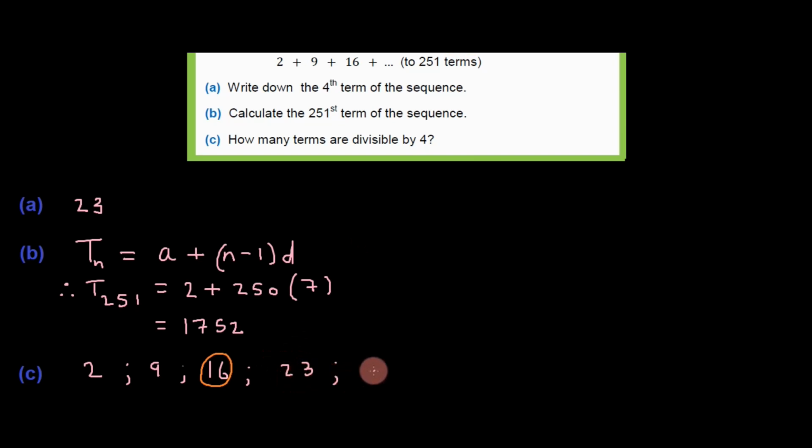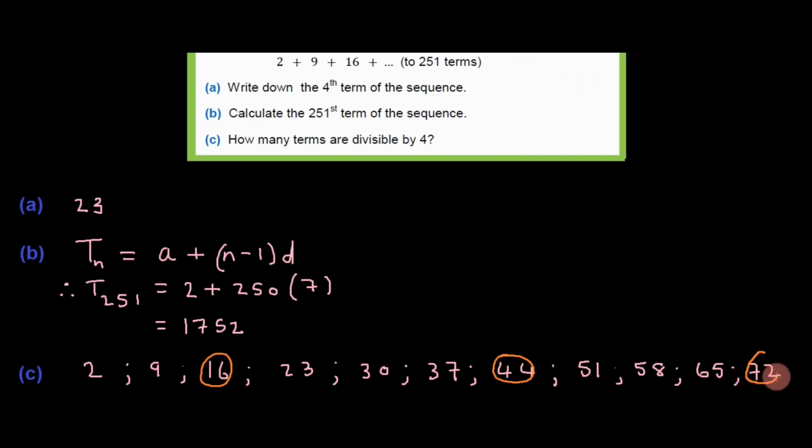Then 23 plus 7, of course, is 30, 37, 44. 44 is the second term in the sequence divisible by 4. Then adding 7, we get 51, 58, 65, 72. 72 is another term, or the third term in the sequence divisible by 4.